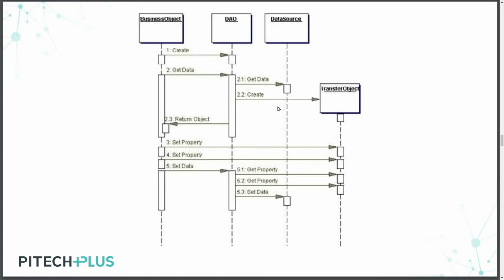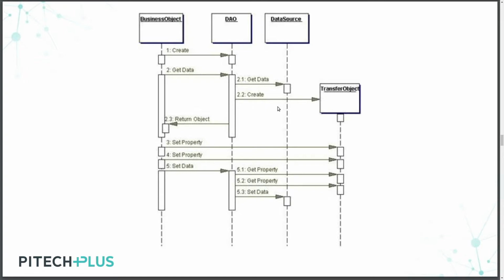The first one is the business object. The business object is the generic object that will be used by a Twig template, or that we will send to a different client. It's what we use in our business logic.